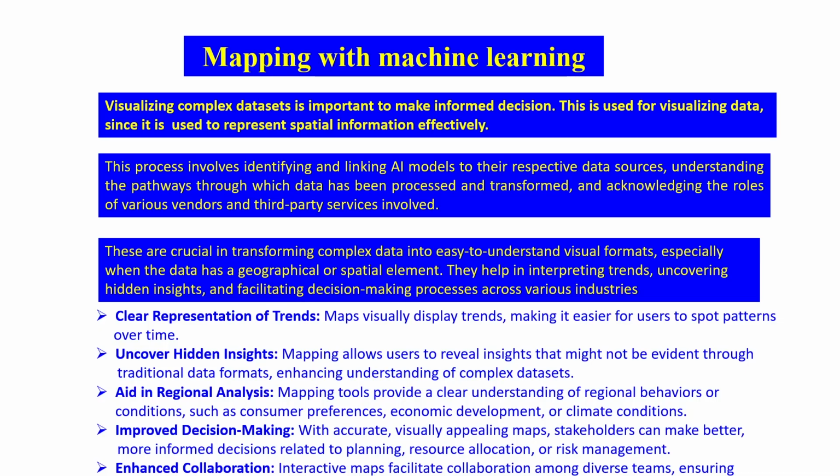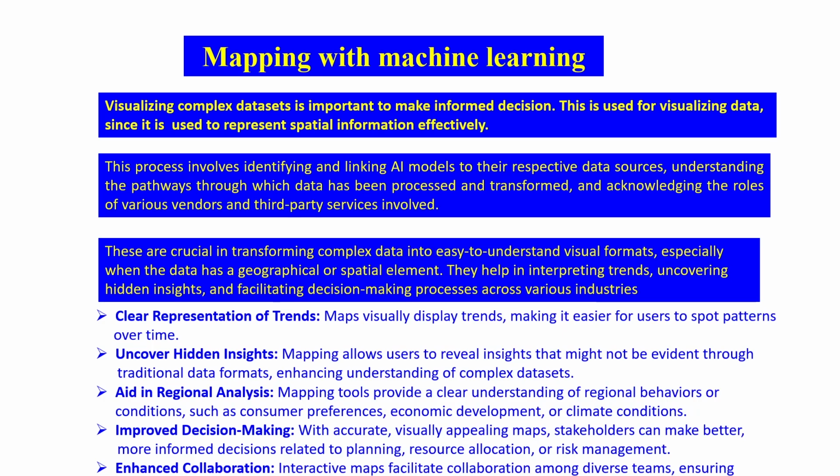Visualization of complex data sets is very important, as we have seen in the last few lectures, because we have to make informed decisions. Finally, you are going to make decisions out of your data analysis. That is why it is required to visualize the data, since it is used to represent spatiotemporal and spatial information effectively.